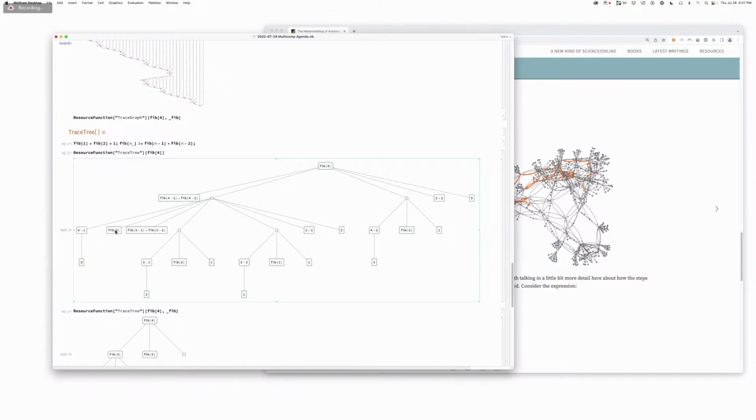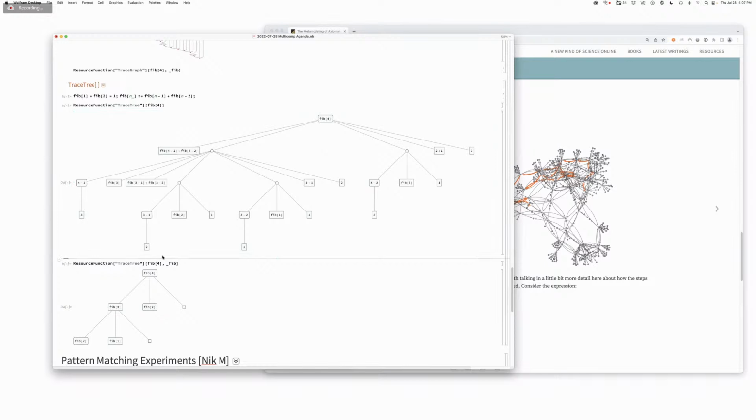And in fact, it goes, well, I'm a little bit confused by this, but this fib of 3, where the heck does fib of 3 come from? It's the same thing that we saw earlier, where there's a 3 and it mysteriously turns into a fib of 3.